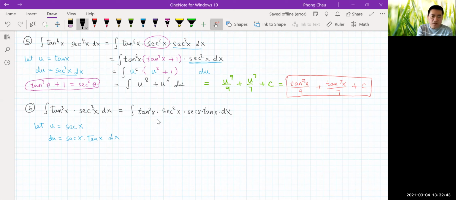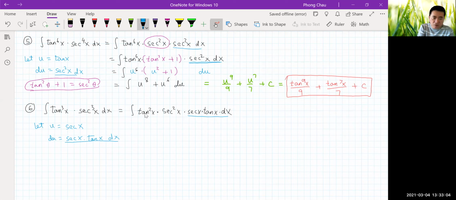So I split, saving the secant x and the tangent x there. Again, I'm trying to match this with this. It'll be our du here. Now the variable is u, which is secant x this time.